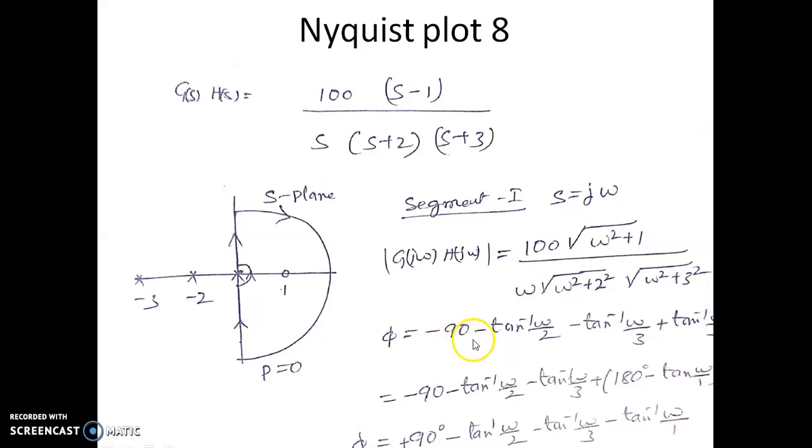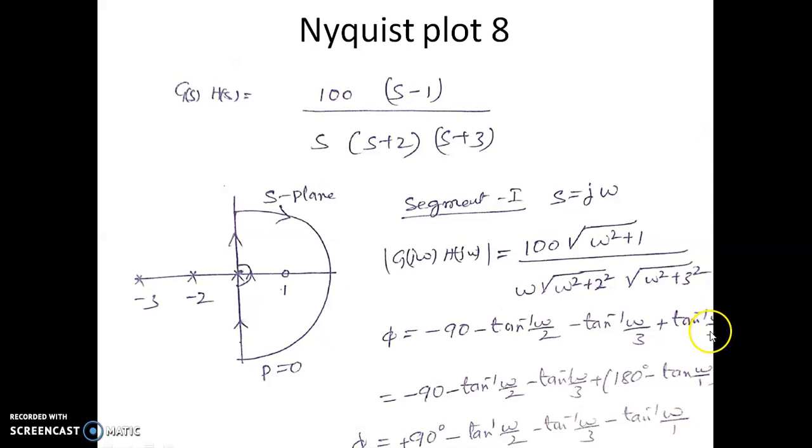As you can see, this is minus 90 degree because of this 1 over S term, and because of the 2 poles we have minus tan inverse of omega by 2 and minus tan inverse of omega by 3, and we have one more 0 on the right hand side. This is tan inverse of omega by minus 1.